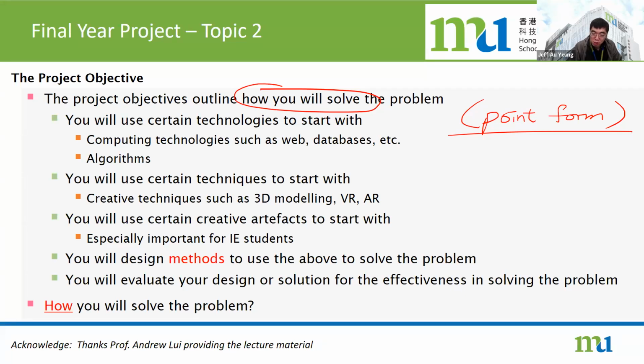So you have to make it into point form, because each point is telling you that in your project you have to do task A, B, C, D, E, F. So this is just a summary of the tasks that you are going to do in this project. So you can say the objective is just like a summary of the tasks that you're going to do.